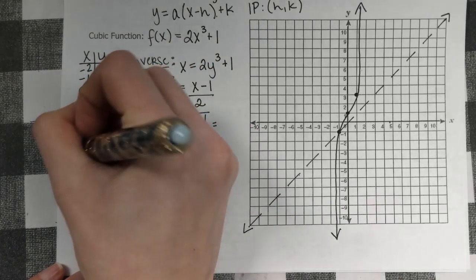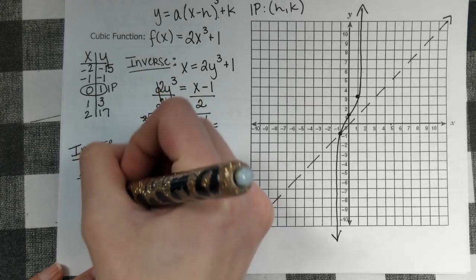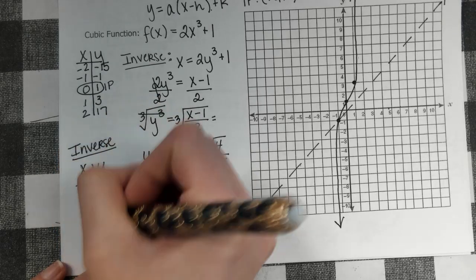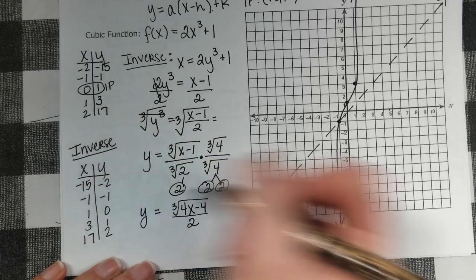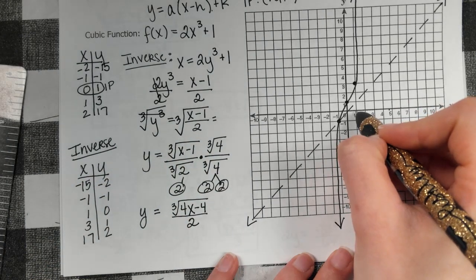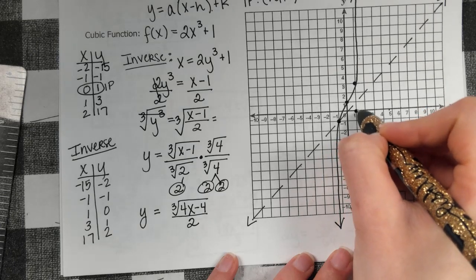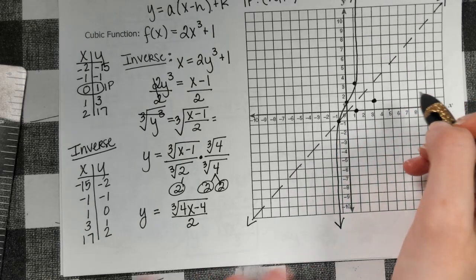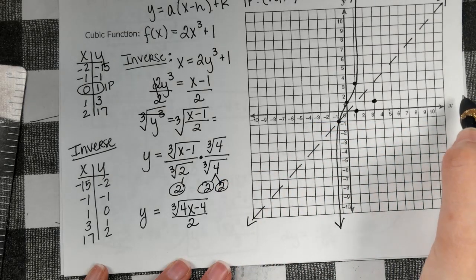So for my inverse table, I flip my x and y's. I can't fit the -15, -2, and I can't fit the 17, +2.